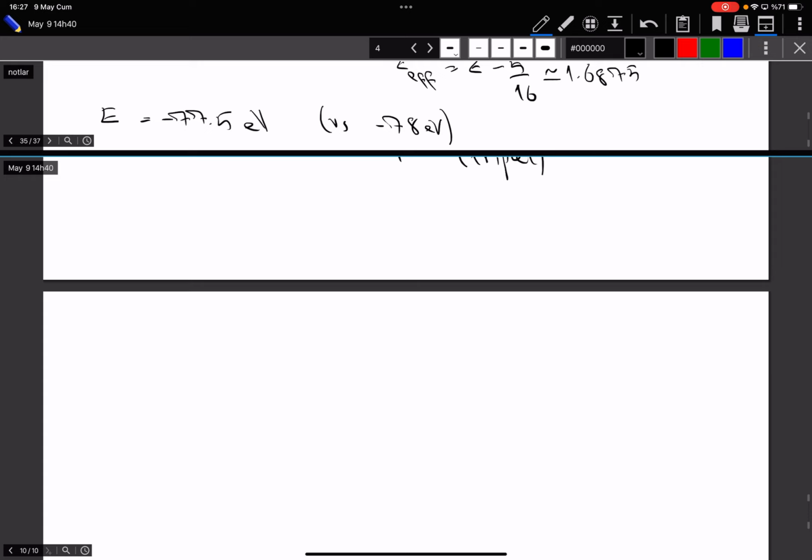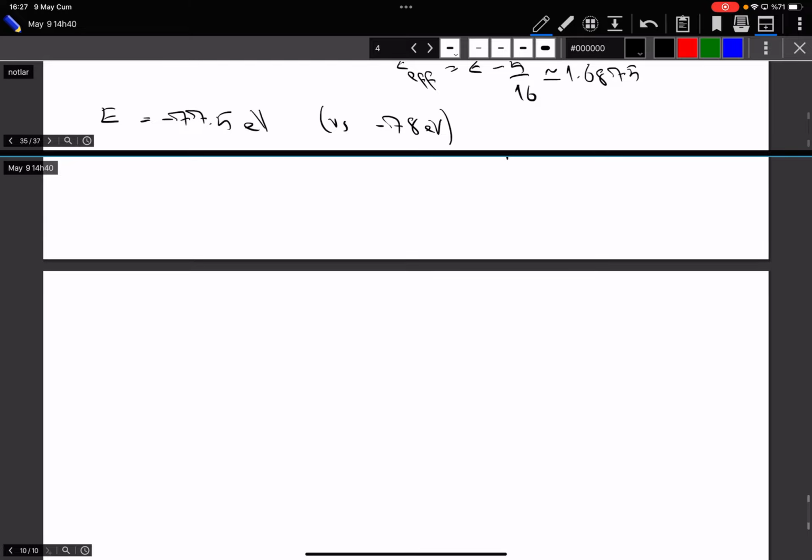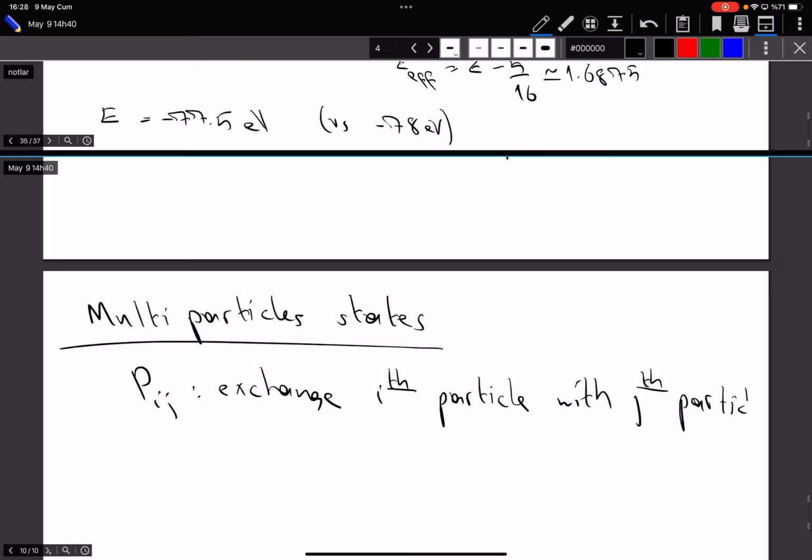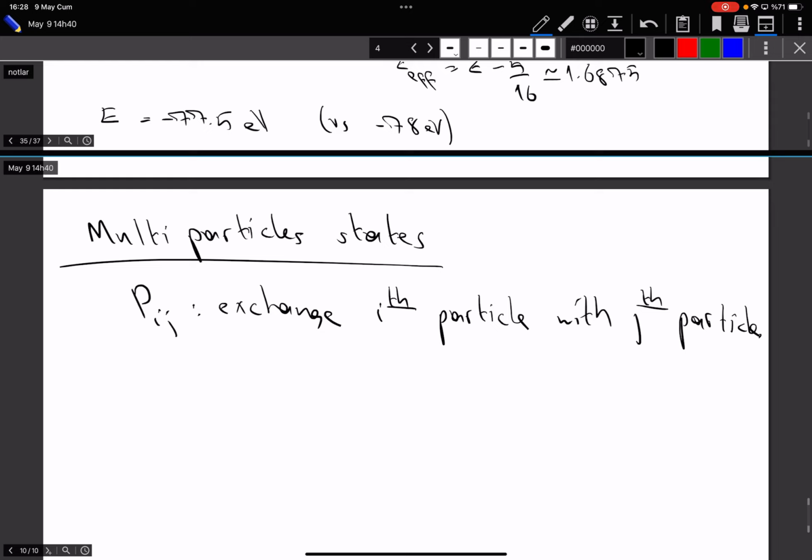Well, let me just make a few more remarks about multi-particle states, more than two. Now, of course, then you can define Pij. This is the exchange of the ith particle with the jth particle. So, for example, if you have a three-particle state, I can have k prime, k double prime, k triple prime.